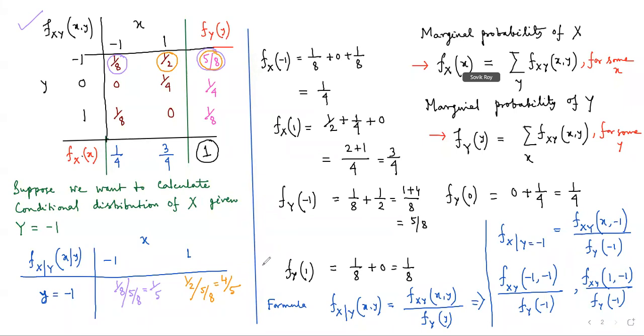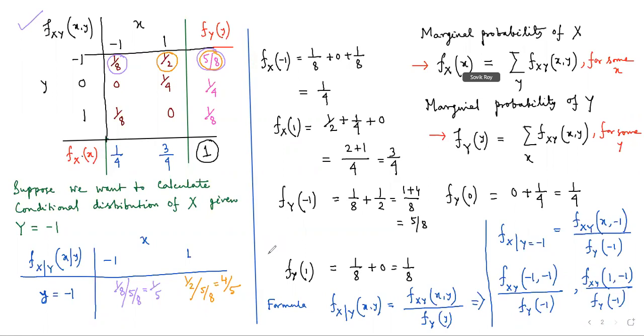So this is how we calculate the conditional probability for a given random variable where another random variable is fixed at some point. In the univariate case, we got one particular fixed value for the conditional probability.